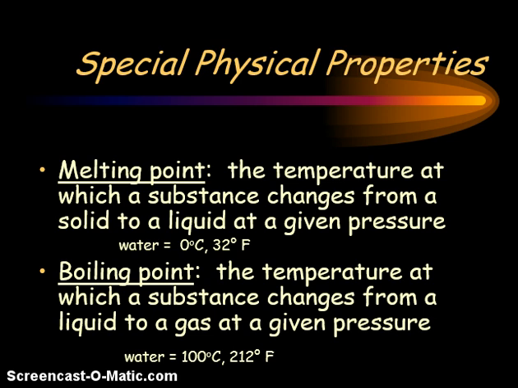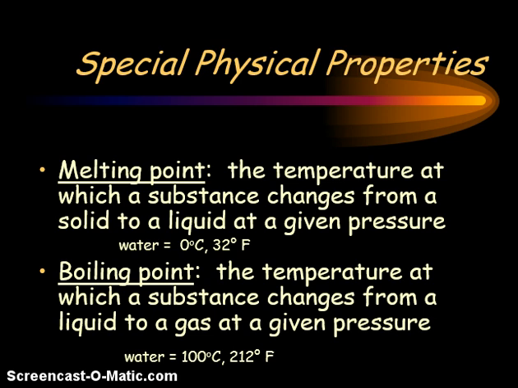Some special physical properties like melting point, the temperature that a substance changes from a solid to a liquid at a given pressure. So like water would go from a solid to a liquid at 32 degrees Fahrenheit. Okay, it would melt at that point. Boiling point is the temperature that a substance changes from a liquid to a gas.